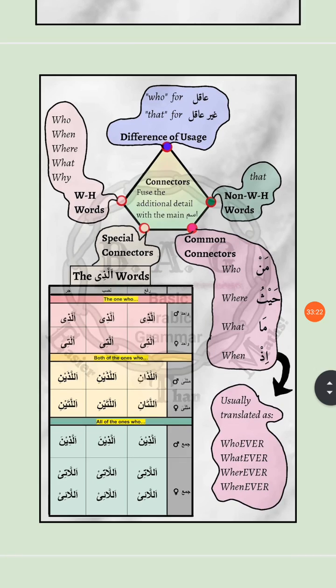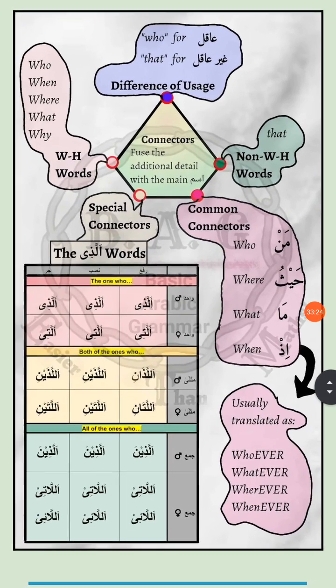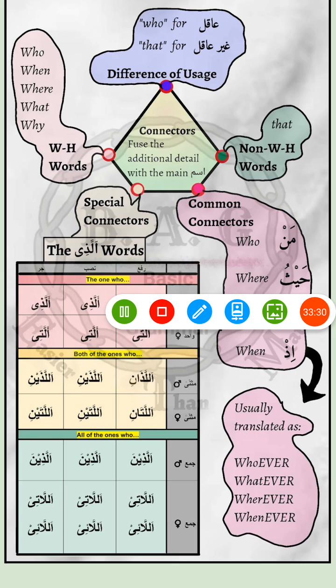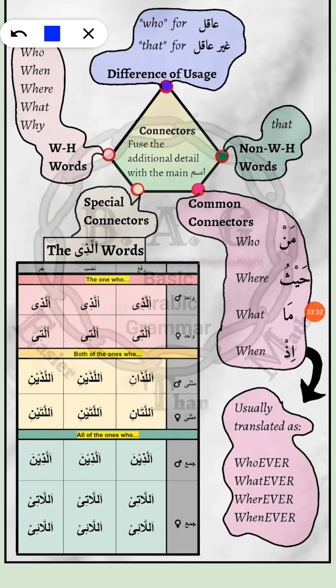This was our last topic in this section, and it is the connecting nouns. Okay, first of all, what were connectors? They are the words that fuse the additional detail with the main ism. Okay, and we have the words in English such as who, when, where, what, why.